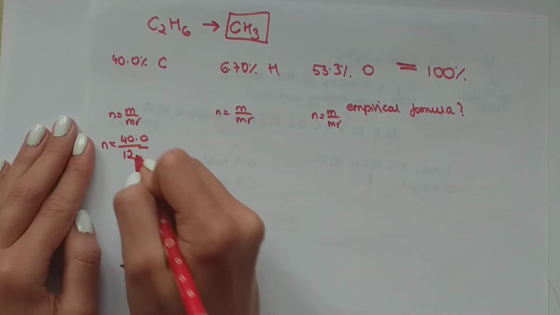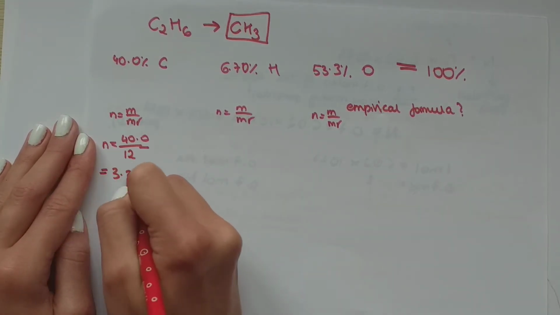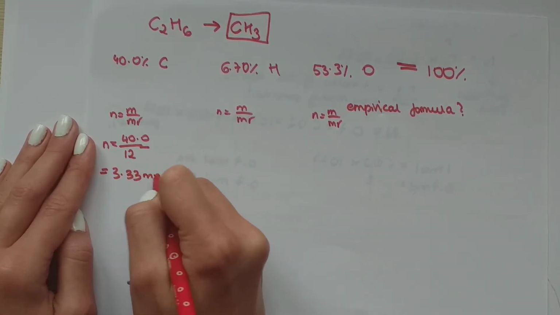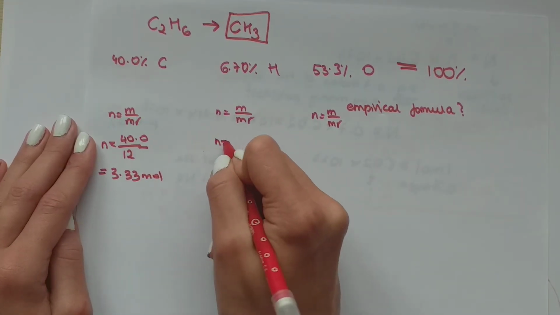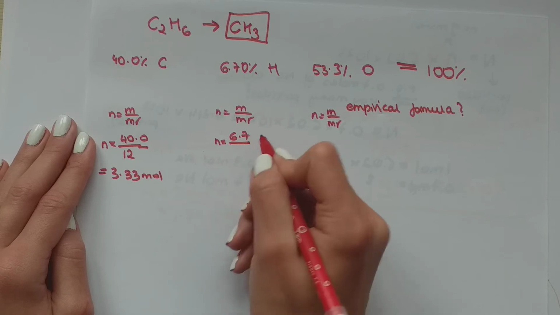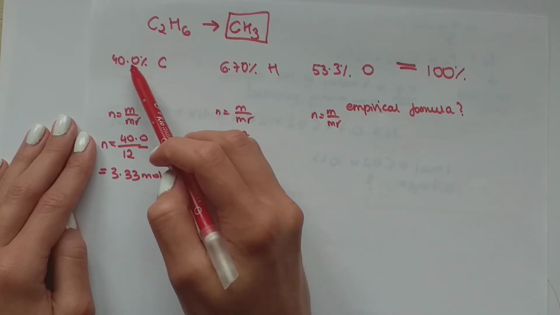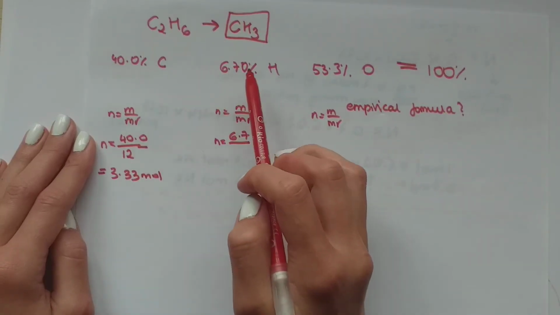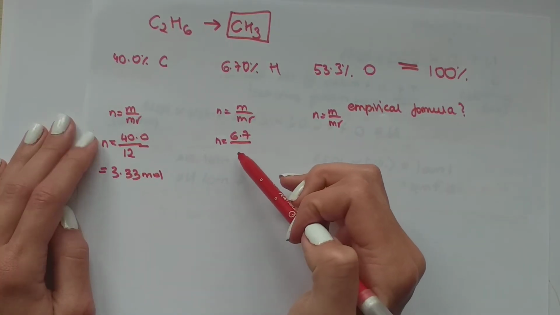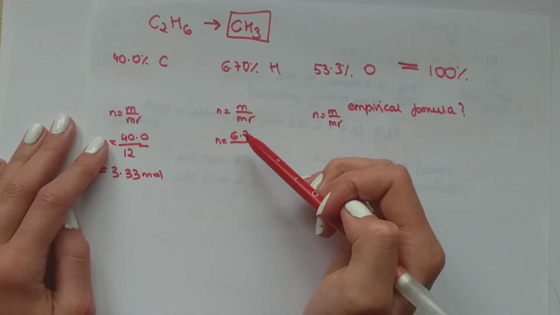So the atomic mass of carbon is 12, so our n would be 3.33 moles. The same with hydrogen. The mass is our percentage, which is 6.7. In your question, you might be given grams instead of percentages, and you again use the same equation, but instead the little m would be your mass.